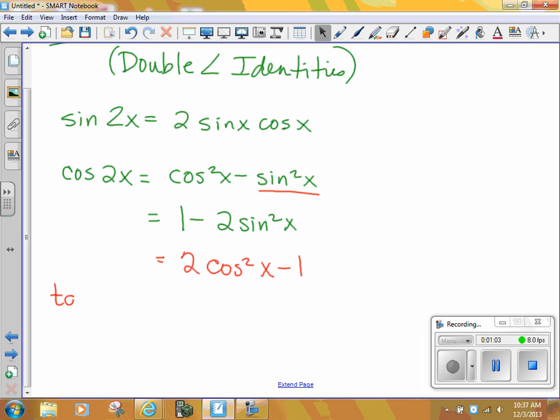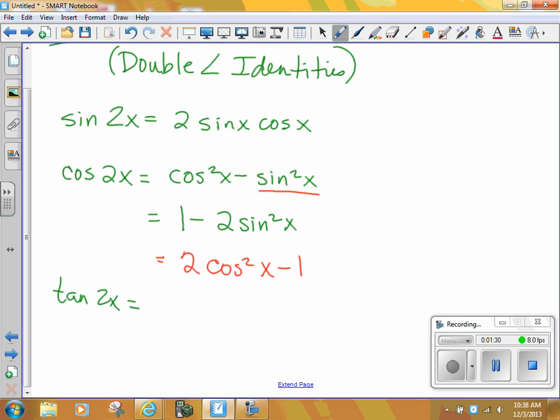Tangent 2x. You want to know the easiest way to do this one? I always have you find tangent of the double angle last. How do you find tangent of an angle? Just tangent: sine divided by cosine, right?